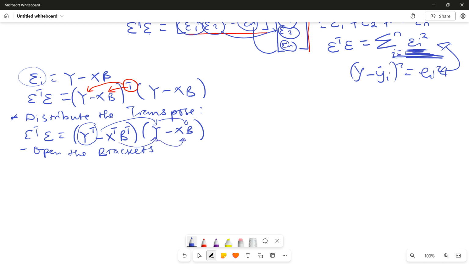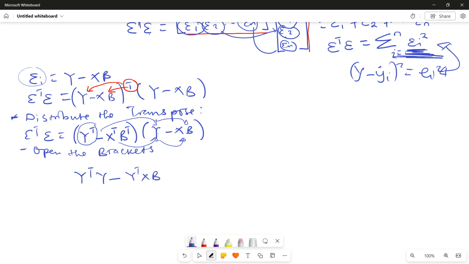So y transpose times y gives us y transpose y. The same y transpose multiplied with the negative xb on the other side gives us minus y transpose xb.